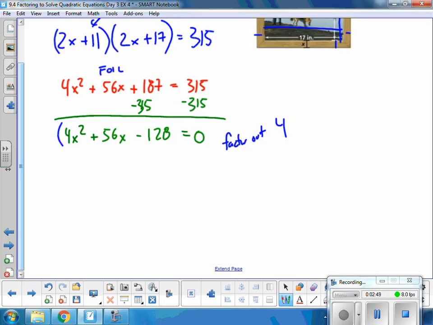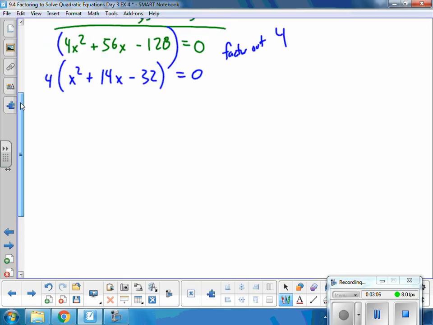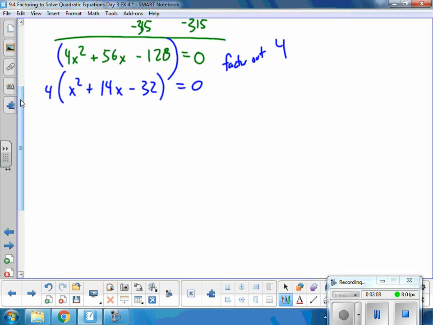If I factor out a 4 out of all of this, I end up with x squared plus 14x minus 32 equals 0. Now I'm going to go back and see if I can do some factoring here.